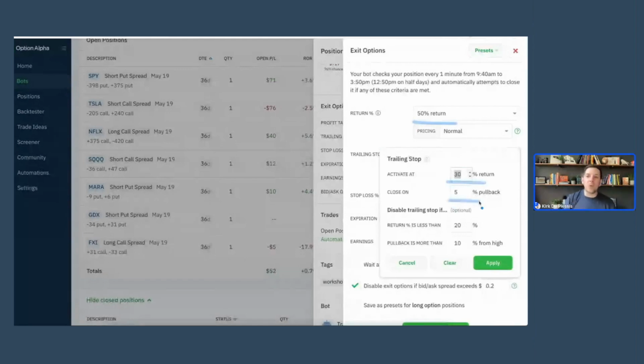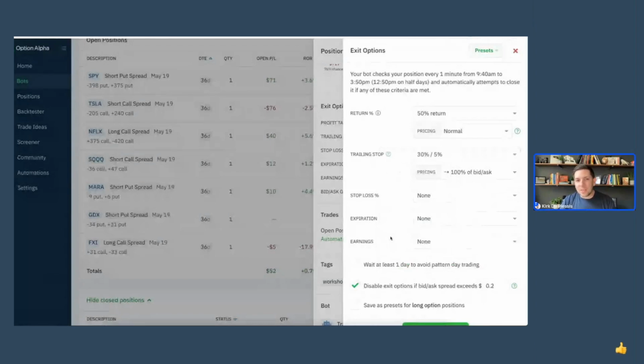If it does pull back 5%, ensure that I have at least a 20% return first. So I've got to have a 25% return, a 22% return, a 21% return, a 23% return. If the pricing right now is such that I have an 18% return, do not send orders to my broker. I don't want those orders to go over there. I need my 20% return before I can keep doing anything. So that's how you would do it.